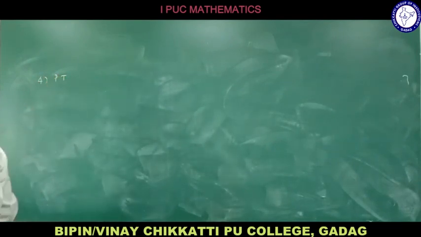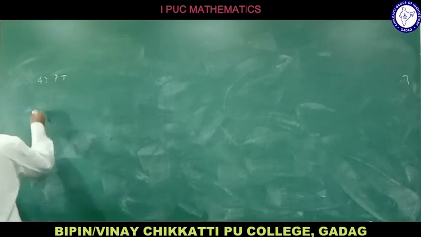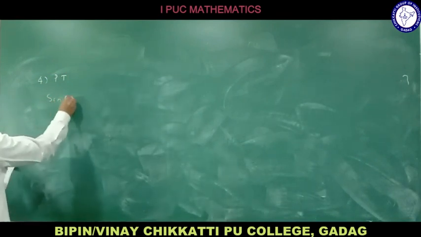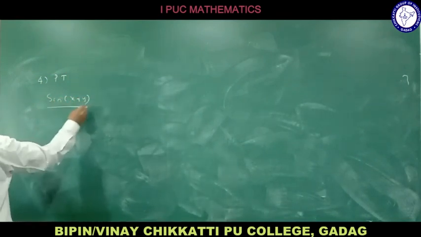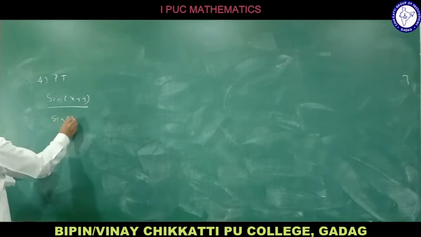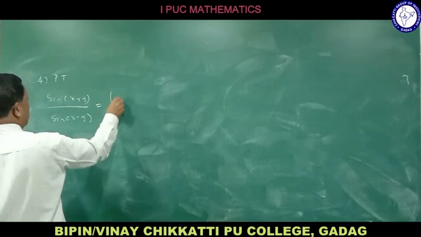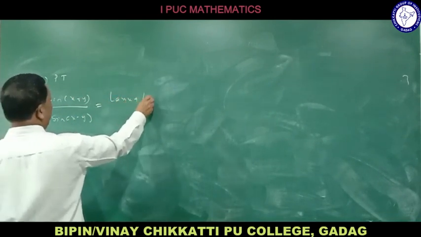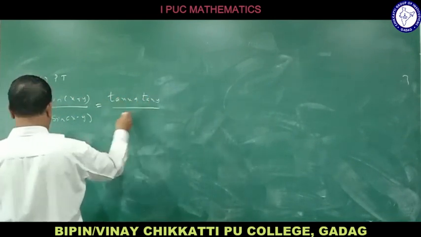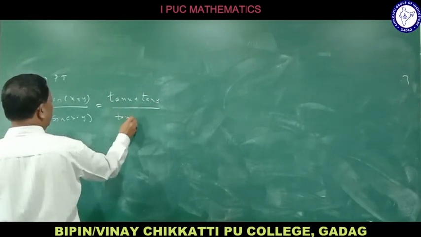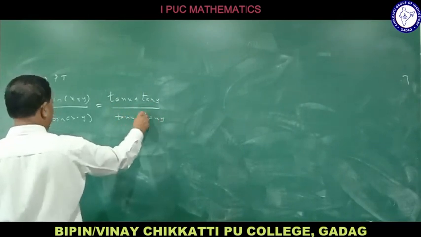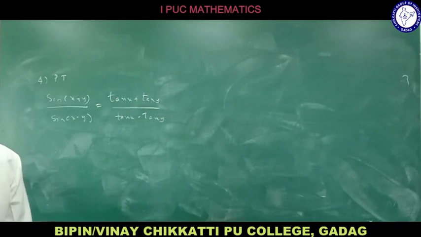Prove that sine of x plus y divided by sine of x minus y equals tan x plus tan y divided by tan x minus tan y. See how this can be proved, and accordingly you have to go for it. So sine can be taken here.